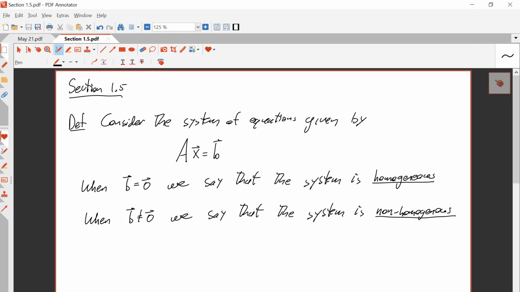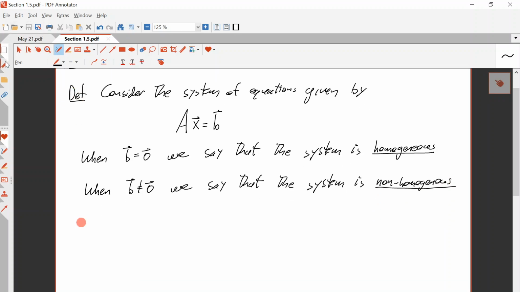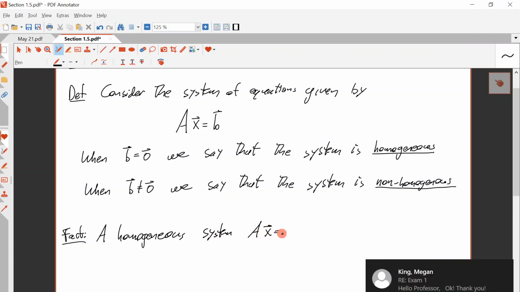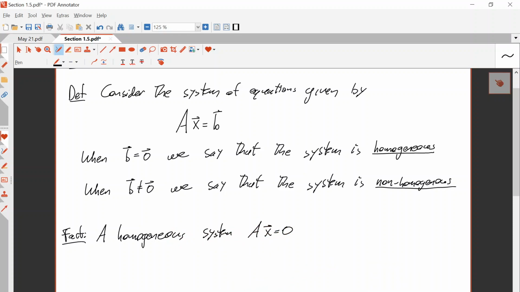Now, a homogeneous system Ax equal to 0 is always consistent.